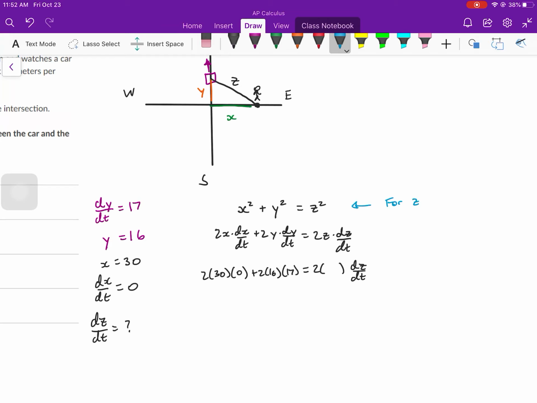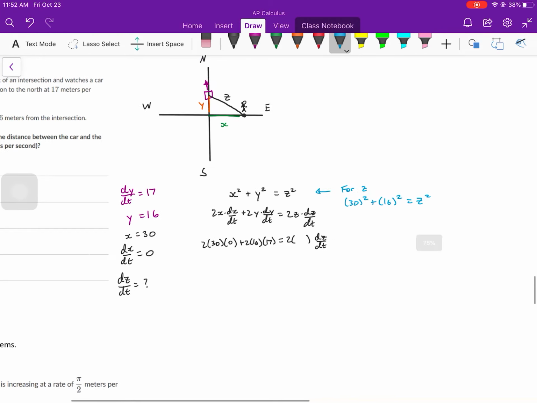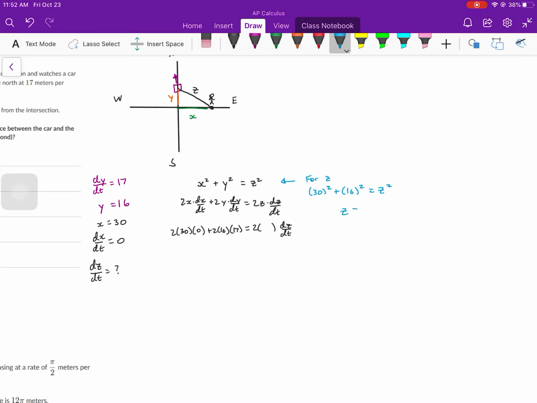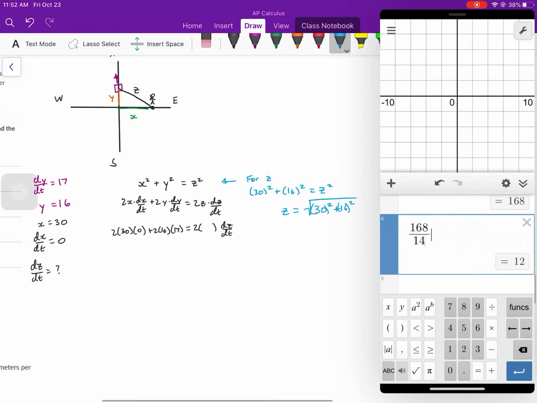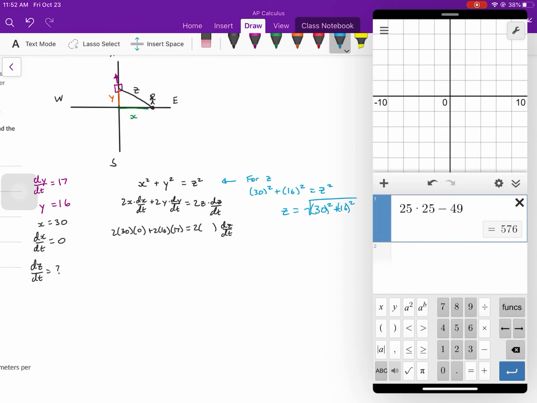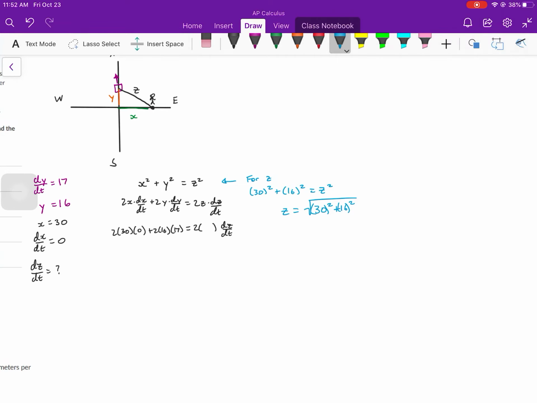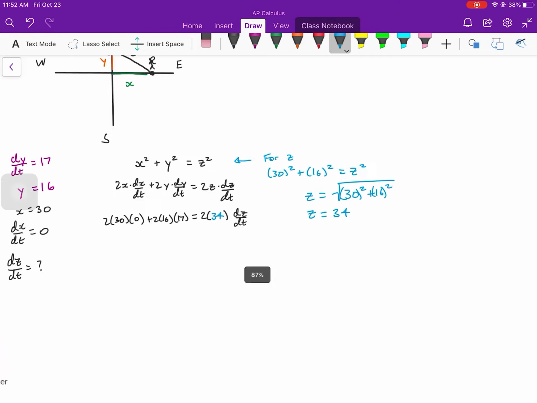We have x is 30, y is 16. So let's just put that in the calculator. It's 34. Times 2.